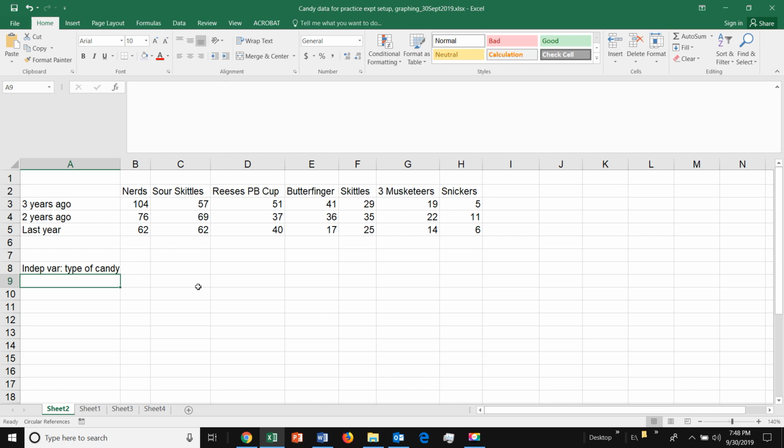And the dependent variable is going to change based on the independent variable. So the type of candy that James buys will influence the number of pieces that are taken. And so the dependent variable is the number of pieces of candy taken.